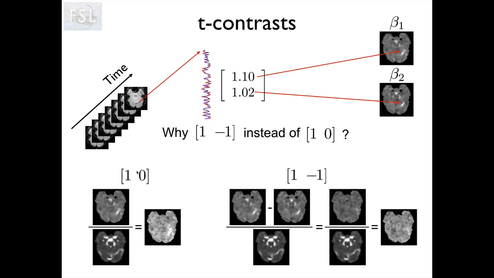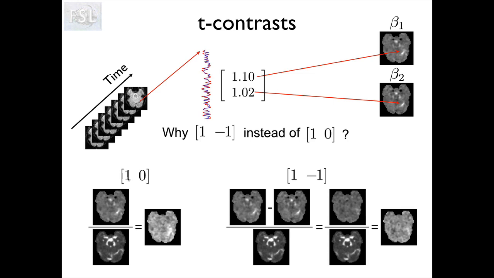If we look at the first contrast, the 1, 0, we're asking the question, which parts of the brain are interested in word generation? We can see that we get an activation in this area here, because clearly this part of the brain is interested in word generation. But if we are asking which parts of the brain are more interested in word generation than in word shadowing, that's a different matter, because then we're taking the word generation map and subtracting away the word shadowing map, and we see that we no longer have an activation there.